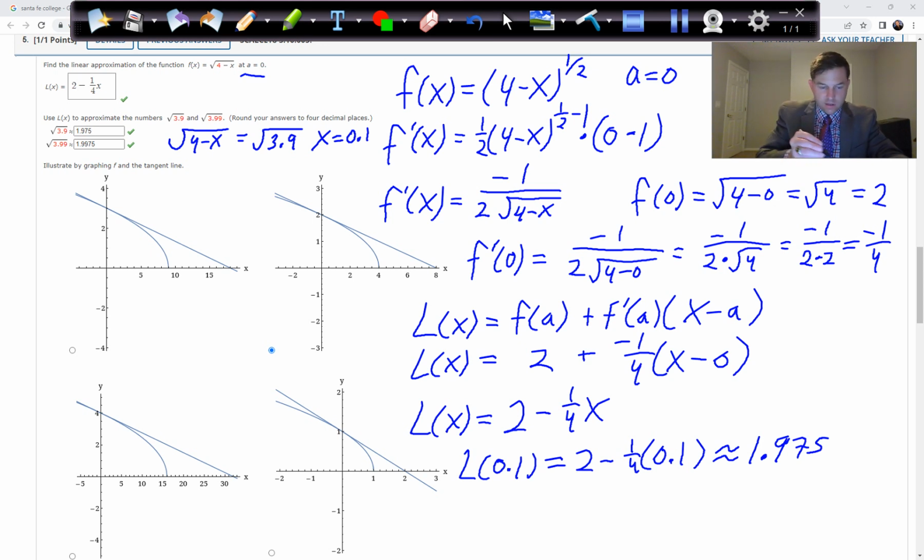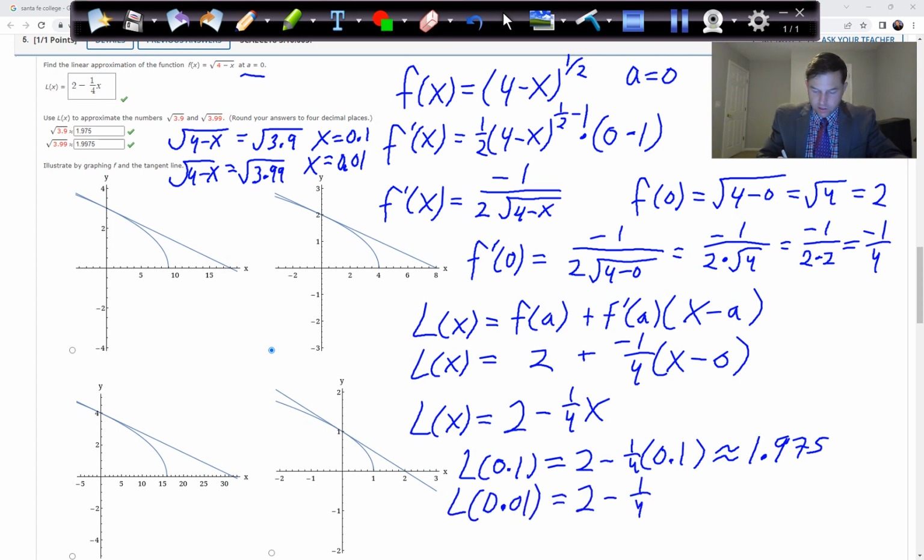Okay, then in the next one, they want root 4 minus x to equal the square root of 3.99, which means x had to have been 0.01. So we find L of 0.01 is 2 minus 1/4 of 0.01, which is going to equal 1.9975.